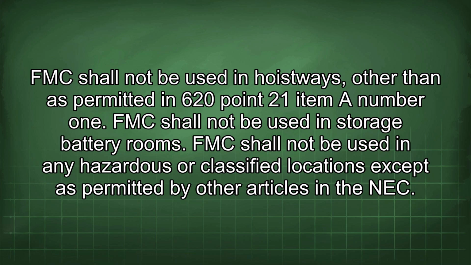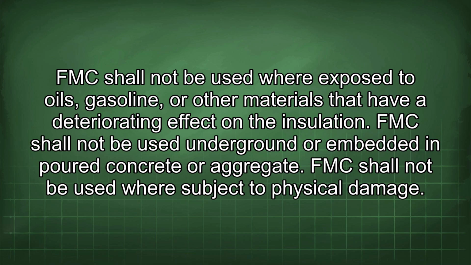FMC shall not be used in any hazardous or classified locations except as permitted by other articles in the NEC. FMC shall not be used where exposed to oils, gasoline, or other materials that have a deteriorating effect on the insulation. FMC shall not be used underground or embedded in poured concrete or aggregate. FMC shall not be used where subject to physical damage.